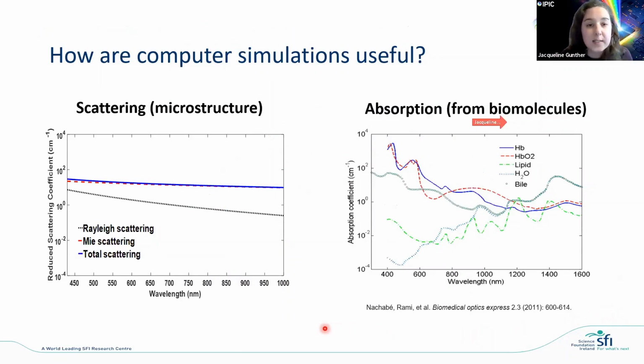There are two very important aspects of light interaction with tissue that you need to understand in order for us to be able to model this very well. So we have something called scattering. So how light bounces through the materials. This is essentially light hits a particle and bounces in a different direction.